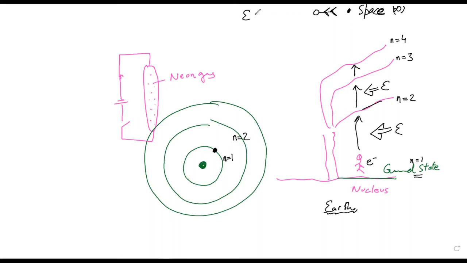So what we'll say is that when the distance is infinity, the energy between you and Earth is zero. Now, there is a small thing that you need to understand.